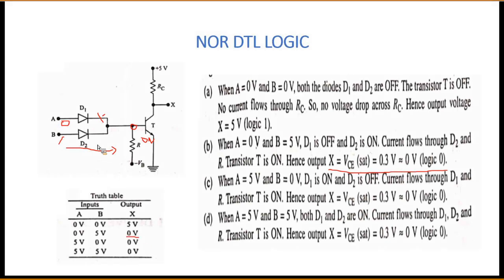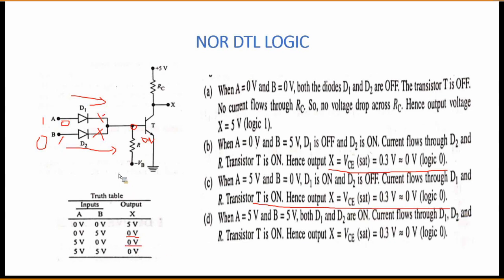Same thing in reverse, 1 and 0. Now diode D1 conducts and D2 will be off. Any one diode conducting means the transistor gets enough base drive to move into on state. Here also the transistor is in on state and the output will be equal to VCE SAT, 0.3 volts, which is nothing but logic 0.